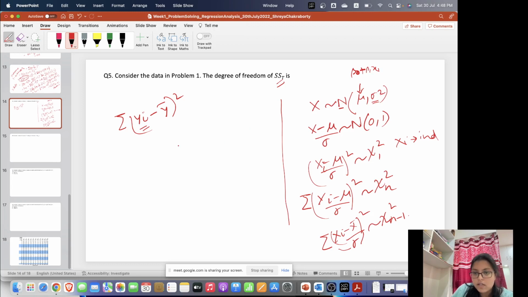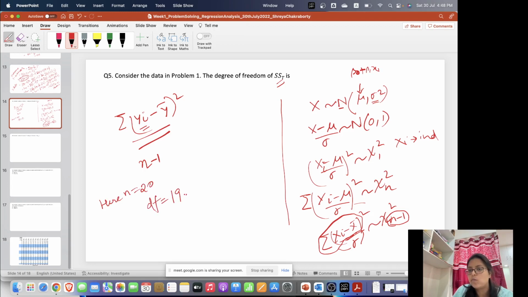Then if this follows this, the degrees of freedom of this quantity was n minus 1. So similarly, in this case, the degrees of freedom will be n minus 1. Now here n equal to 20, so the required df is 19.